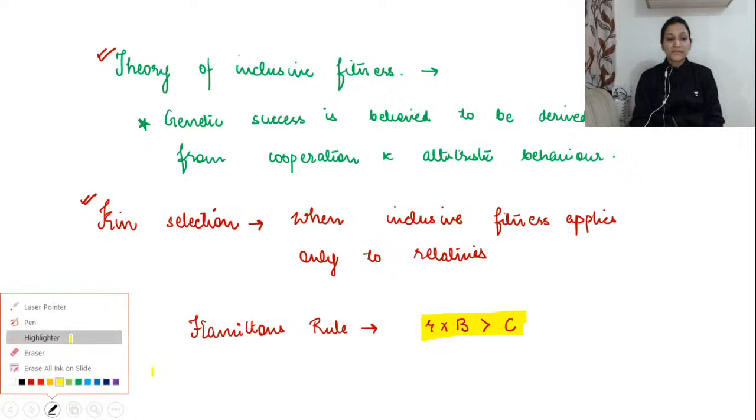Let us elaborate: R times B should be greater than C specifies the conditions under which reproductive altruism evolves.